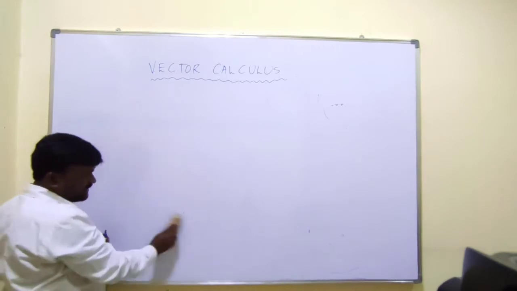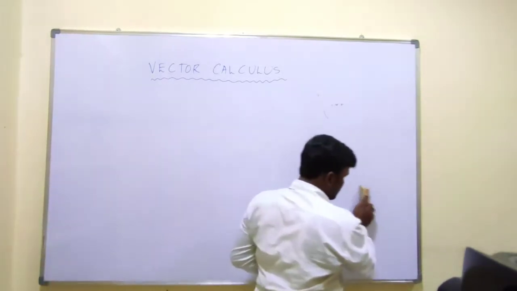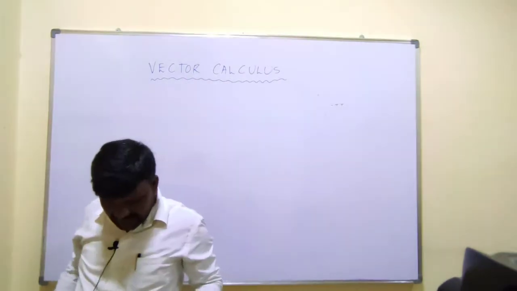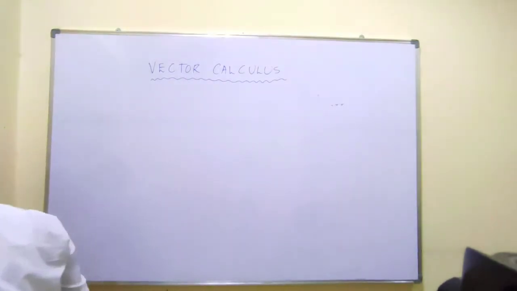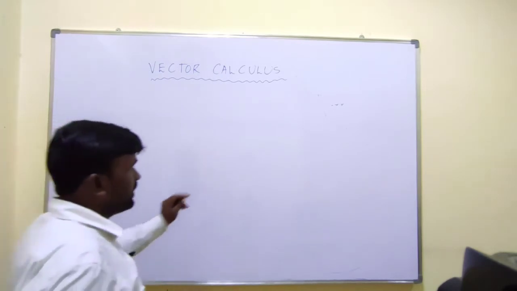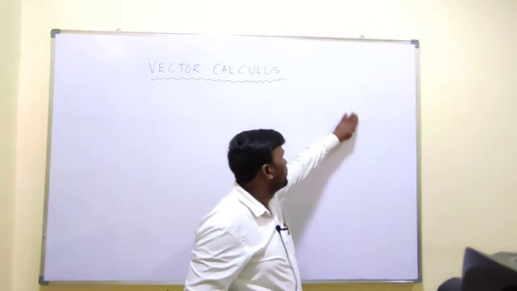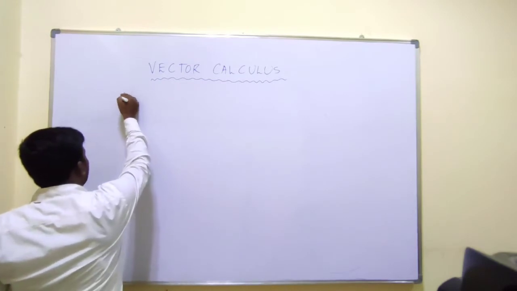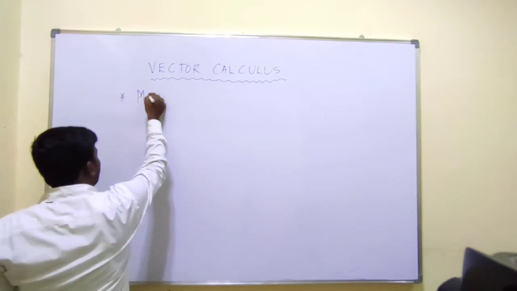So we have two types of multiplication. One is scalar product and another one is vector product. Now take the multiplication of vectors.